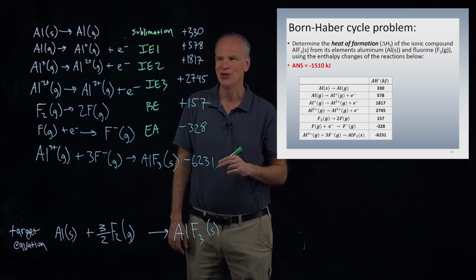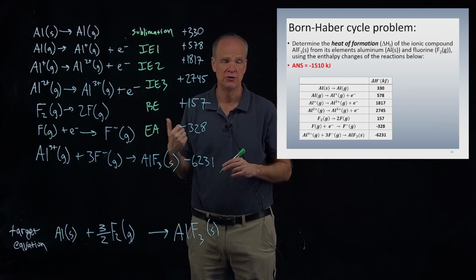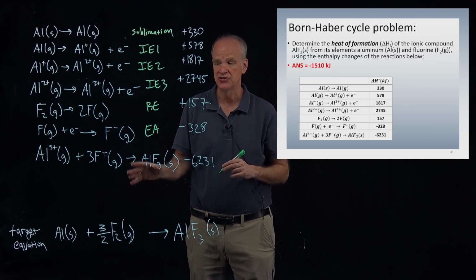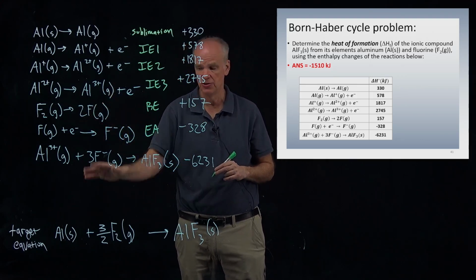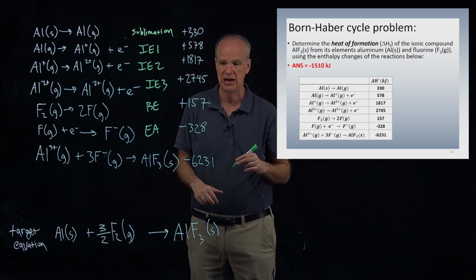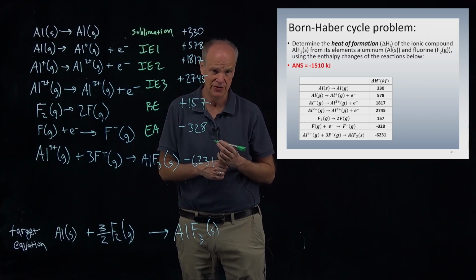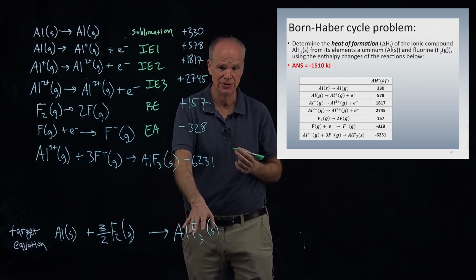Okay, so the goal is we have to modify these equations, whether it be by flipping them or maybe adding coefficients, such that everything cancels out except the symbols that are found in the target equation. So let's examine what is found in the target equation. One thing I immediately see that the target equation has as a product is solid aluminum fluoride.